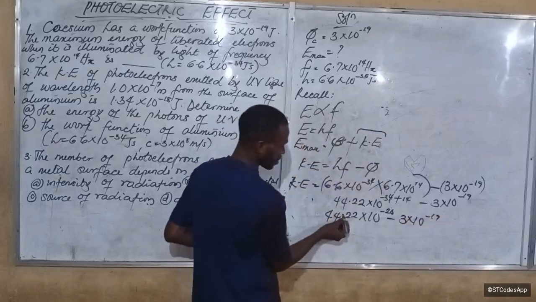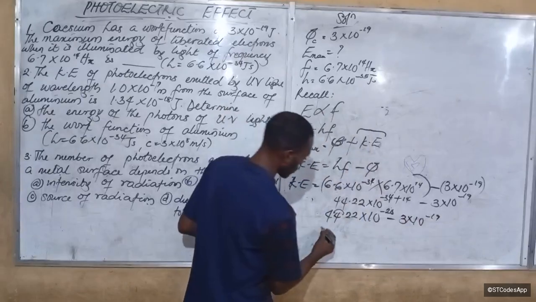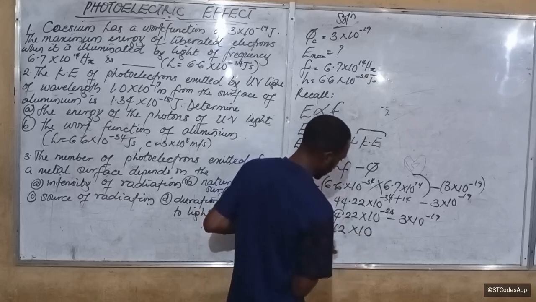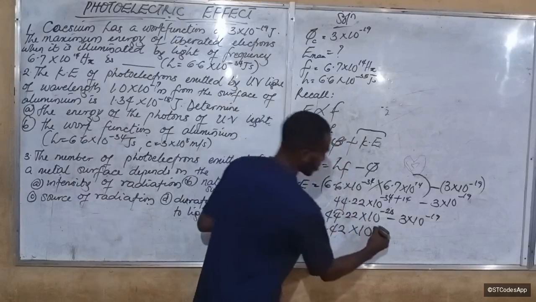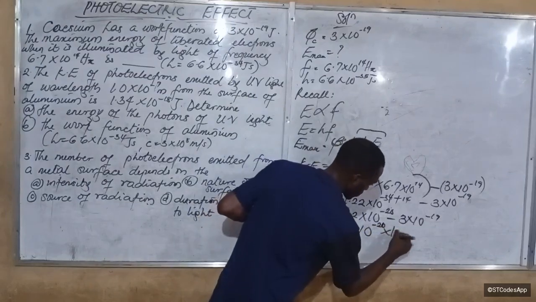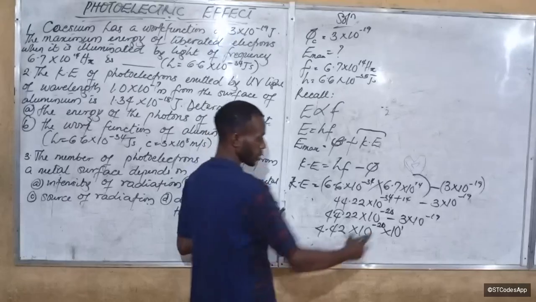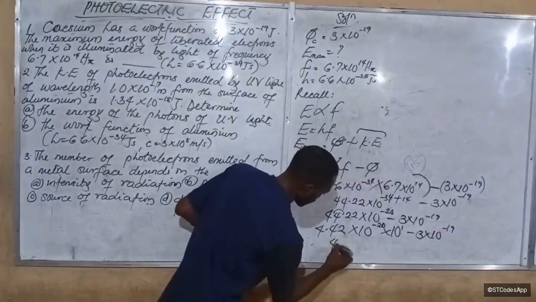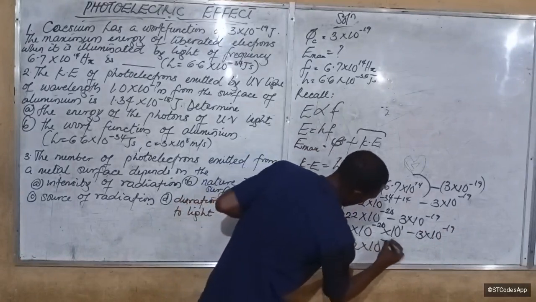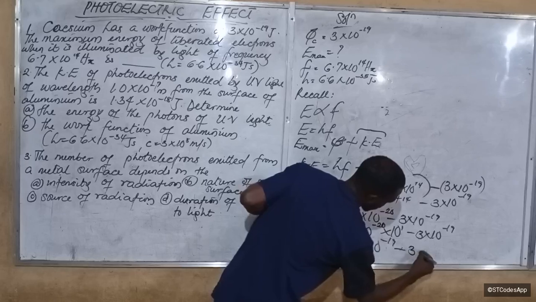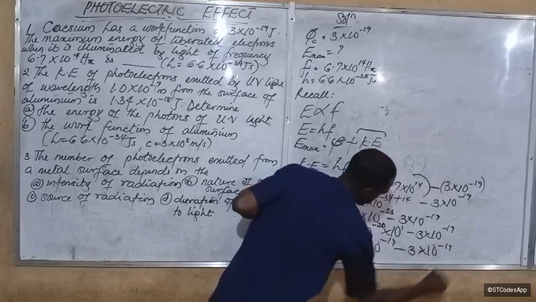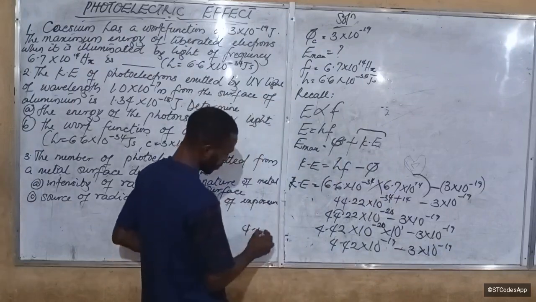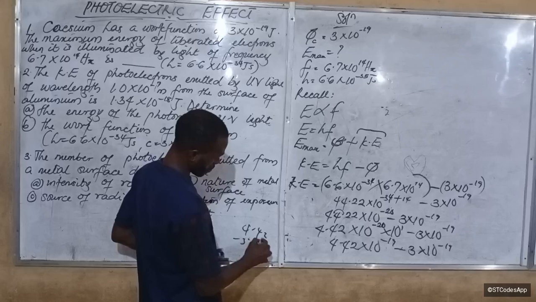By the time we move the point here, we have 4.422, or 4.42, times 10 to the power minus 19, minus 3 times 10 to the power minus 19. So we have 4.42 minus 3.00.